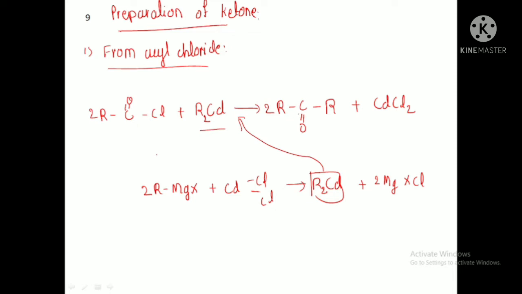This is one method, and the second method of preparation is from nitriles. The general example for a nitrile is RC≡N.